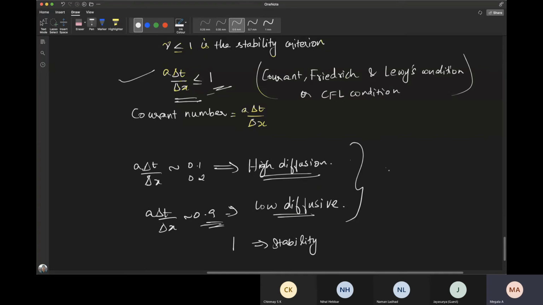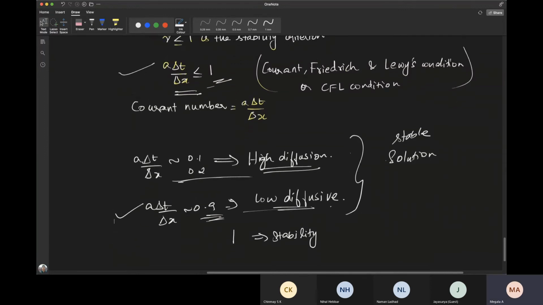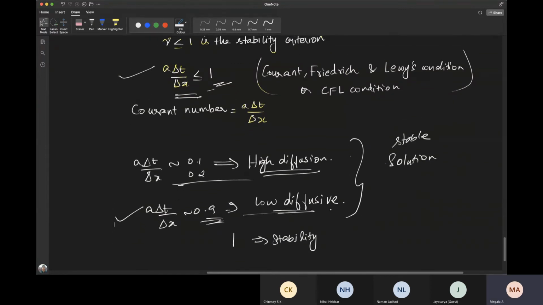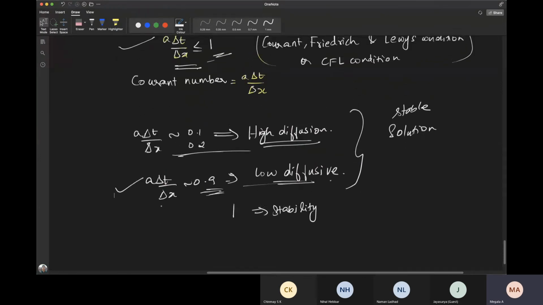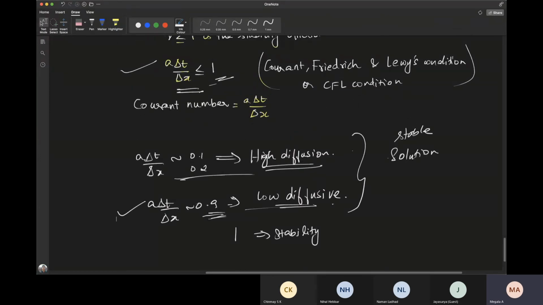In both cases you will be getting a stable solution, but in the first case it will have high diffusion and in the next case low diffusion. So people prefer this one. This is one argument that I wanted to make. Any doubts here?